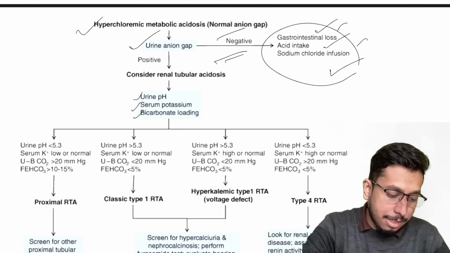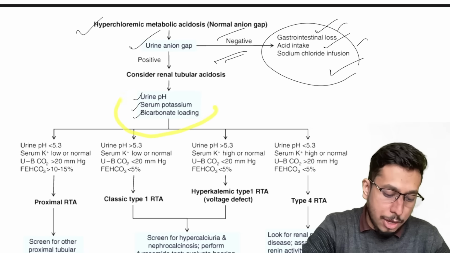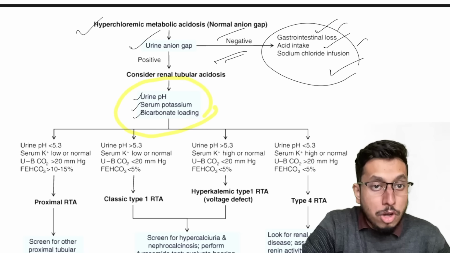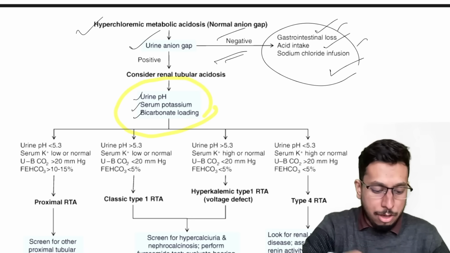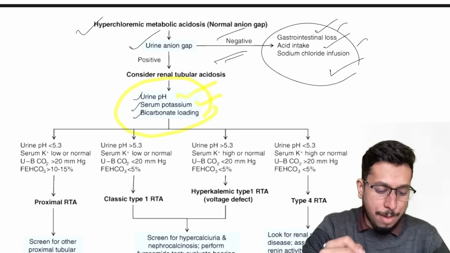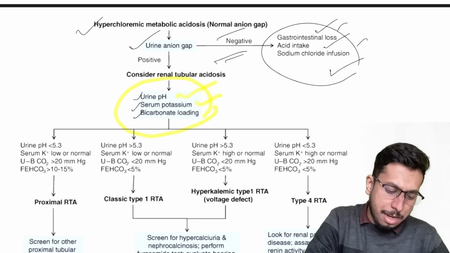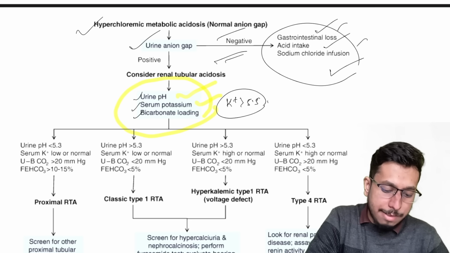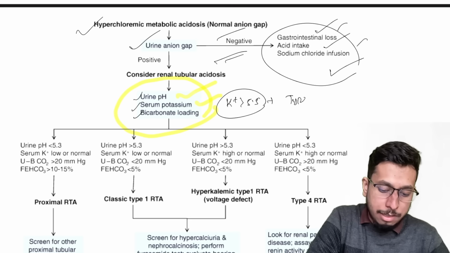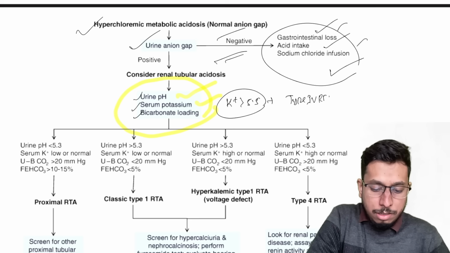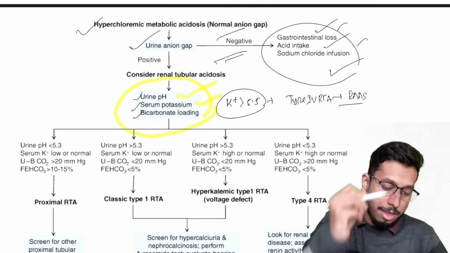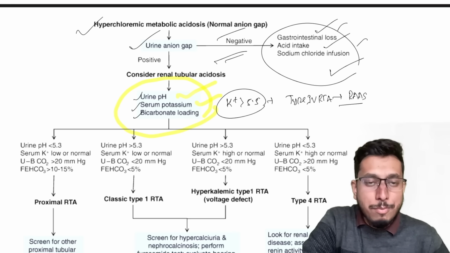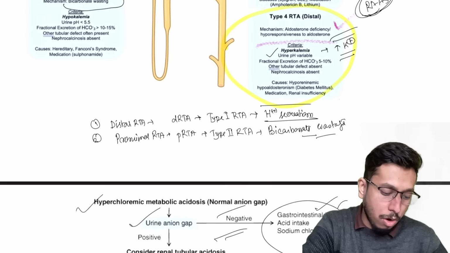What are the parameters that need to be checked? Parameters that need to be checked are urine pH, serum potassium, and bicarbonate loading. Usually what we check is serum potassium and bicarbonate. Why so? If serum potassium is more than 5.5, invariably it is nothing but type 4 RTA, due to defect at the level of RAS axis. All right. Now, if potassium is less than 5.5, it can be type 1 or type 2.